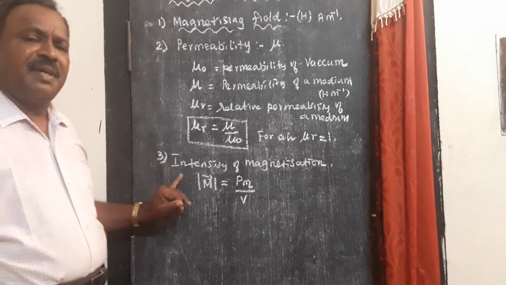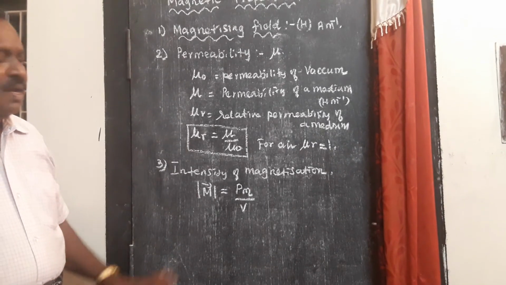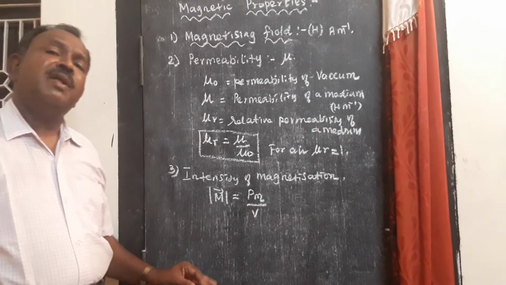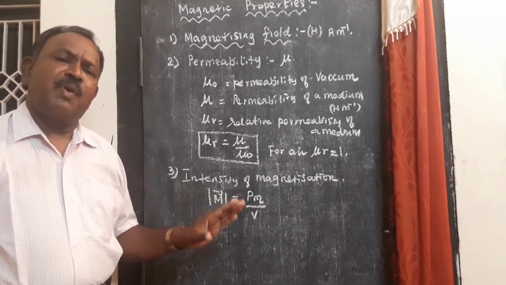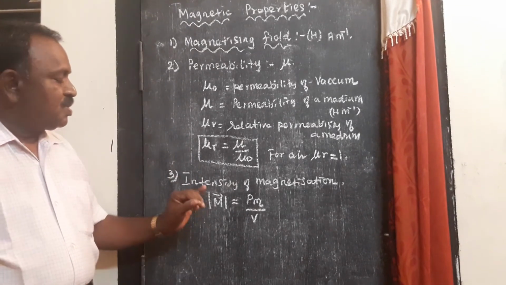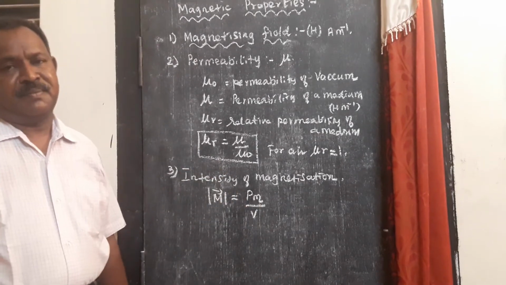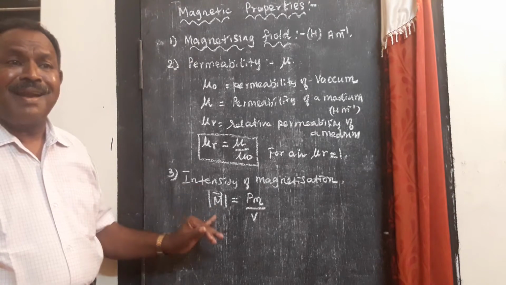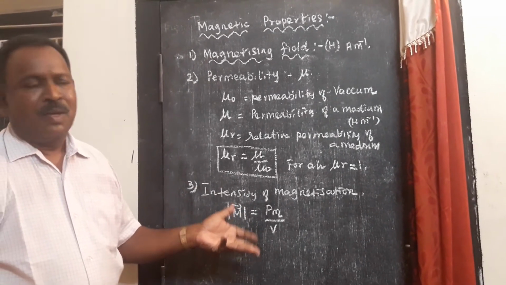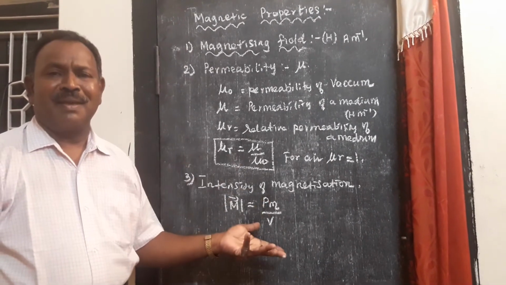When you consider a magnetic material, it is made up of atoms. In those atoms, electrons are revolving around the nucleus. Due to the orbital motion of the electron, it produces an orbital magnetic moment, perpendicular to the plane of the orbit. Since the orbits are oriented randomly, the induced magnetic moments are oriented randomly.